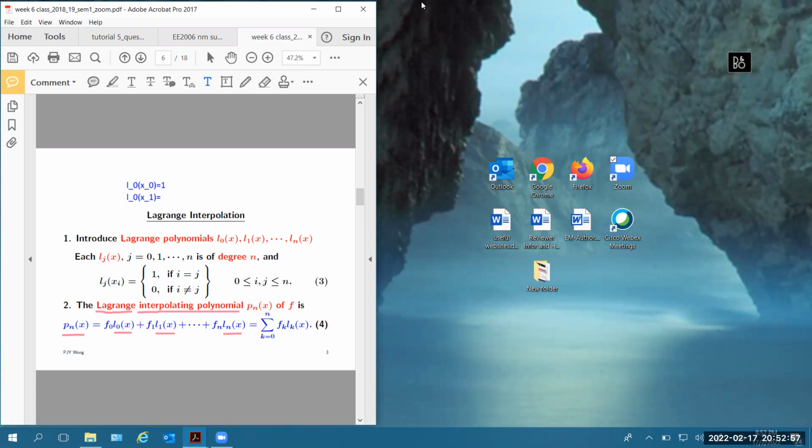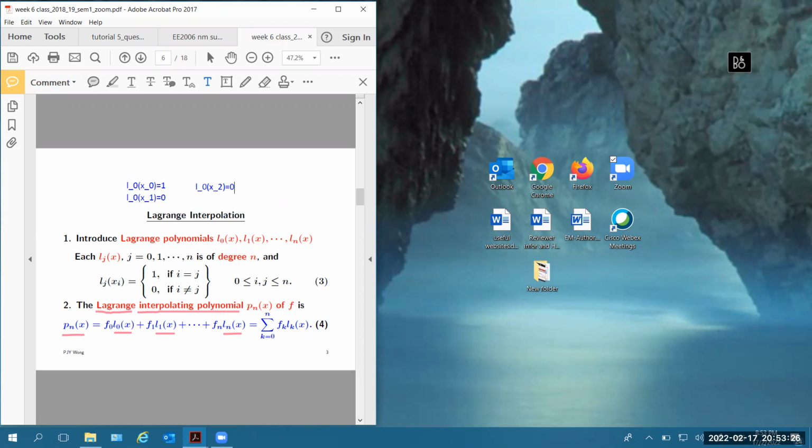This is 0, according to property 3. So likewise, if I do one more, L0 and I substitute x2, then of course this is also 0, and so on.